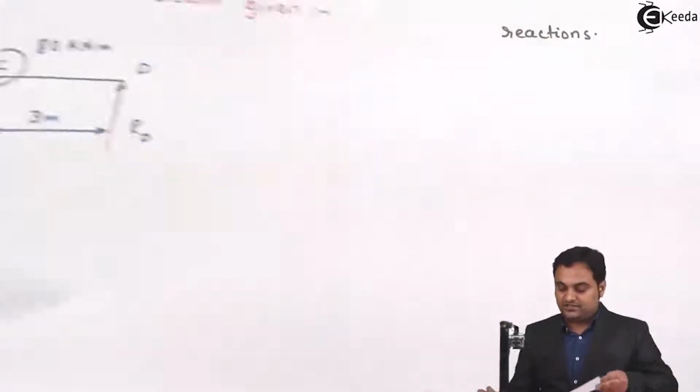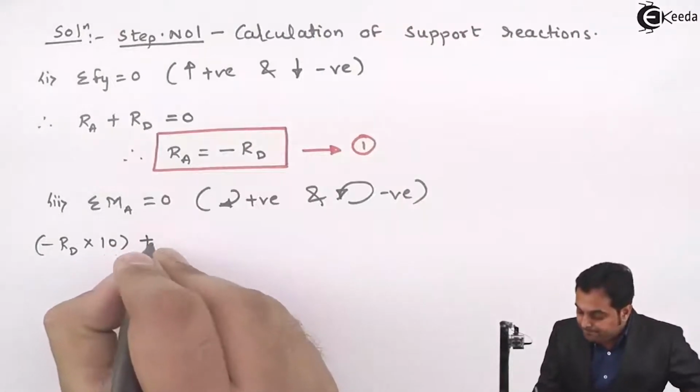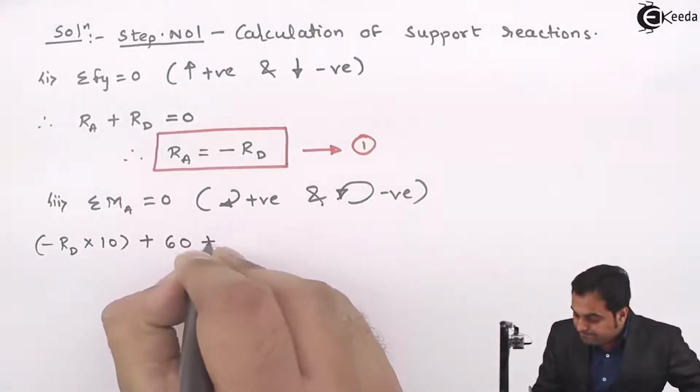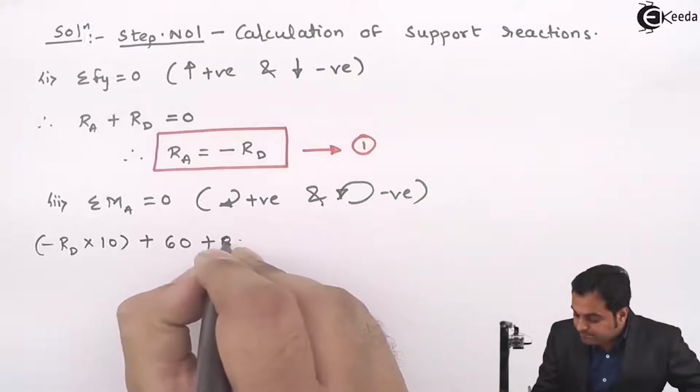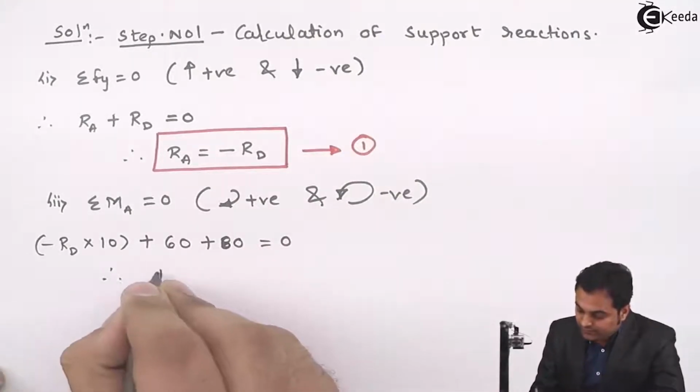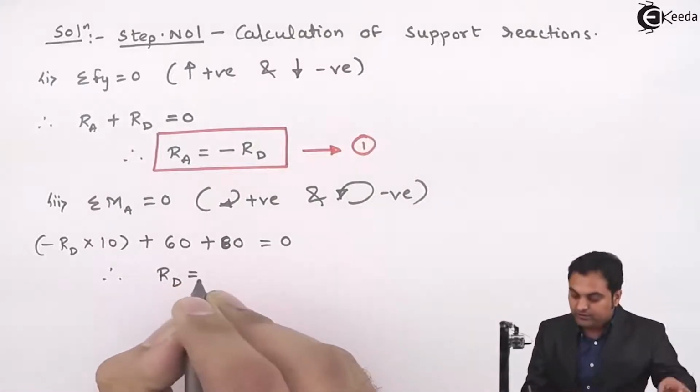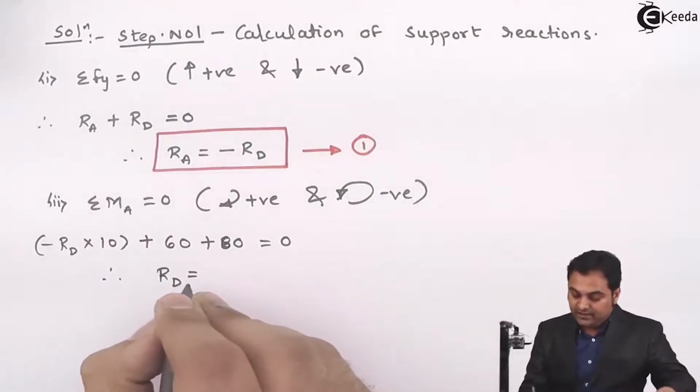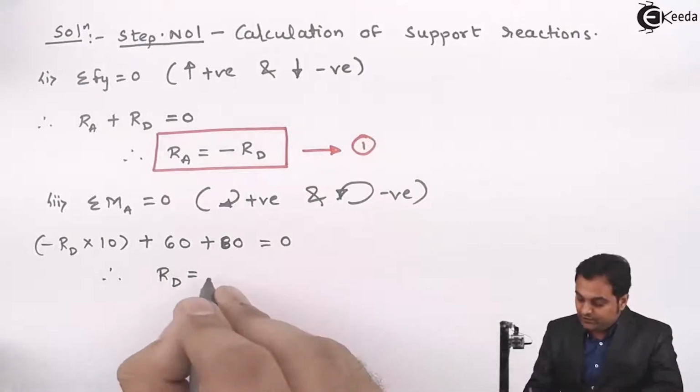So plus 60 plus 80 is equal to 0. On calculating, I get the value of reaction at D as 14 kilonewton.